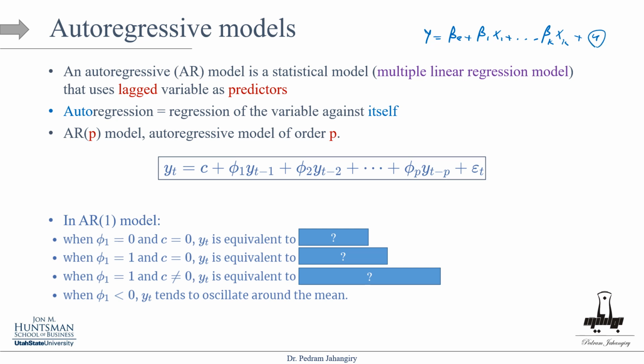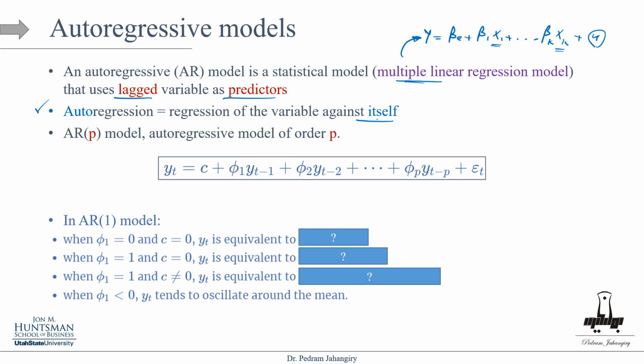So this is basically a multiple linear regression model. And now we're going to replace these features with lag values. So again, we're going to use these lag variables as the predictors. That's simple, there's nothing new here. Autoregression simply means regressing the variable against itself, its lag values. So that's where the name autoregressive is coming from.